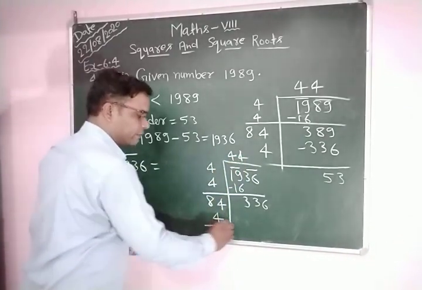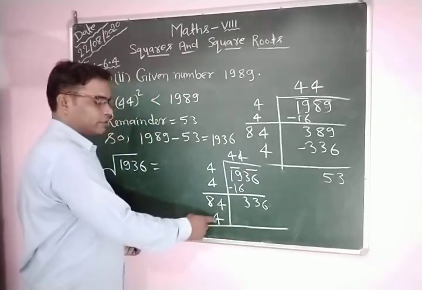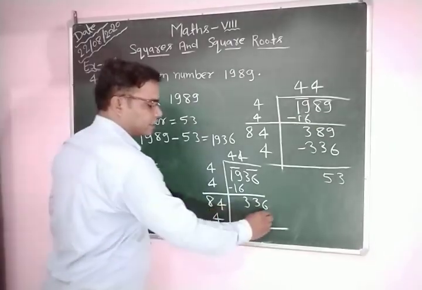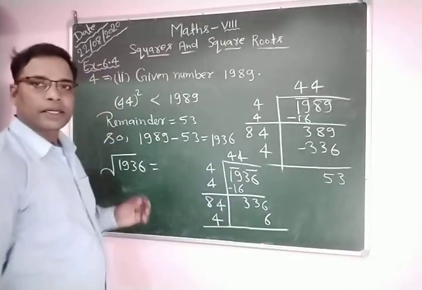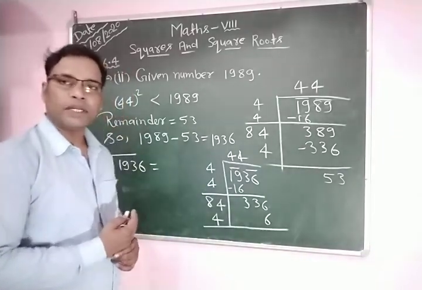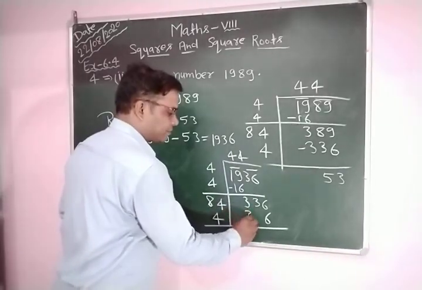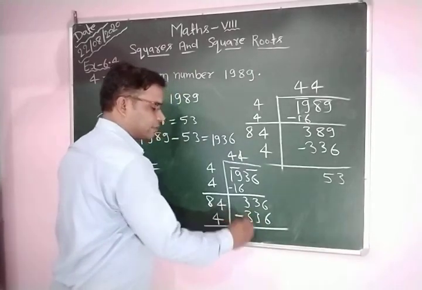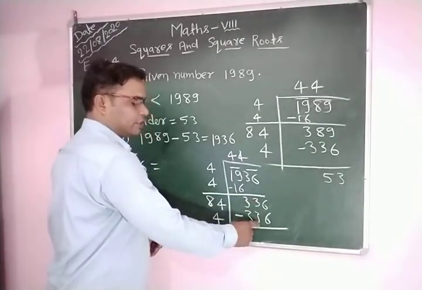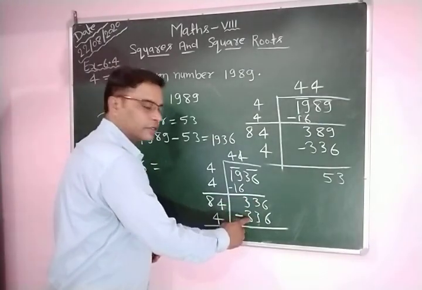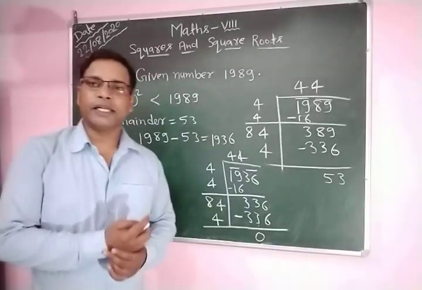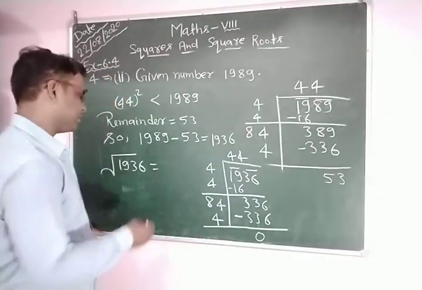If you multiply these 4 by the new divisor 84, 4 fours are 16, carry 1, and 4 eights are 32, 32 plus 1 is 33. Okay, again subtract them. So 6 minus 6 is equal to 0, 3 minus 3 is 0, again 3 minus 3 is equal to 0. So you can see here the square root of 1936 is 44.